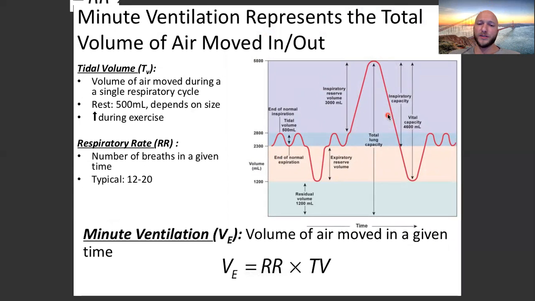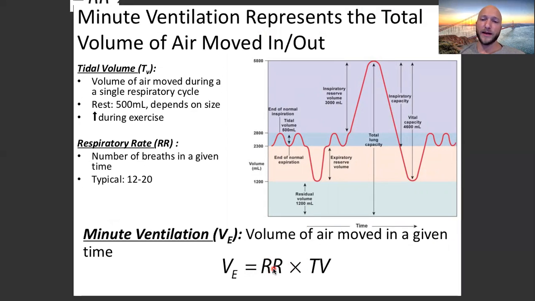Minute ventilation refers to the volume of air moved during a given time. So we can calculate tidal volume with a respirometer. We can calculate respiratory rate. With those two variables, we can combine them.